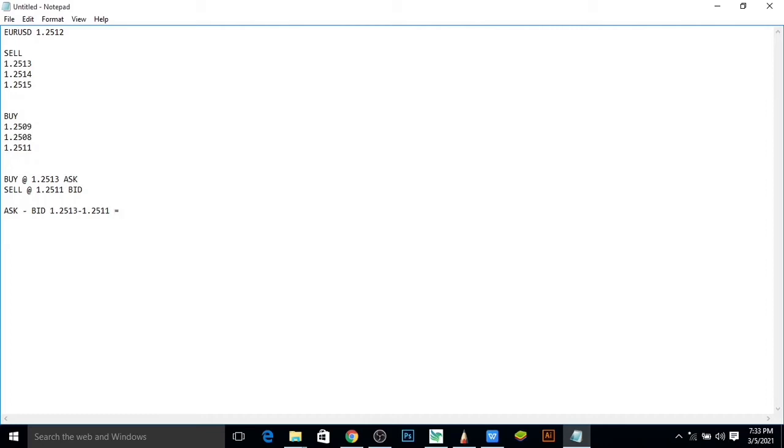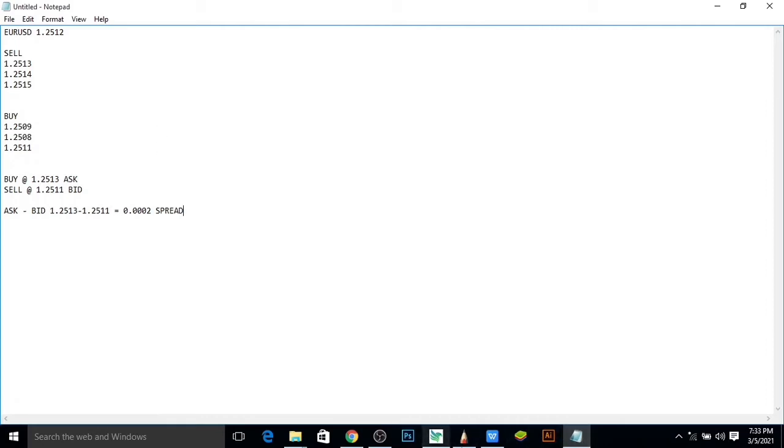You get 0.0002. This is 0.0002, right? That is called your spread. The spread is basically the difference between the bid and the ask. It is that straightforward, right?